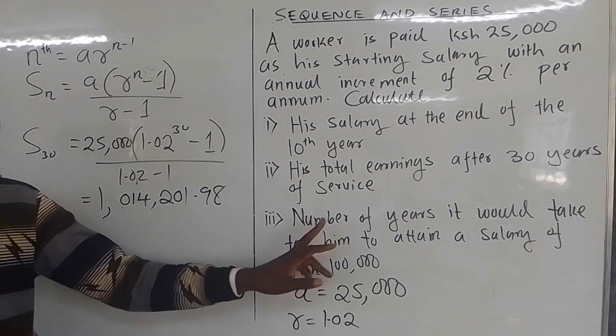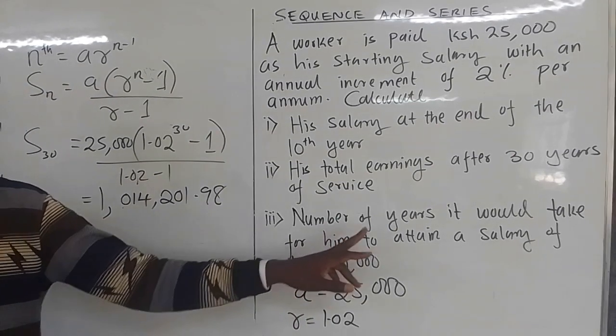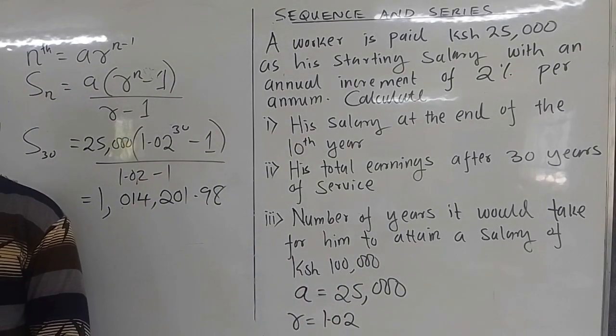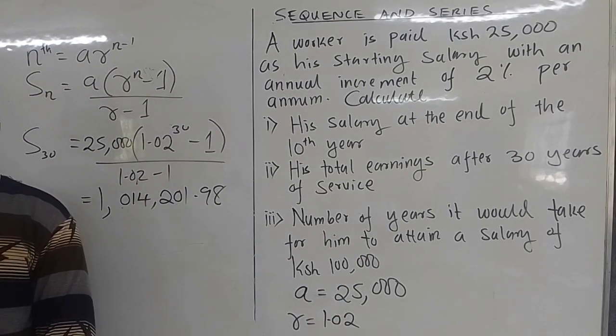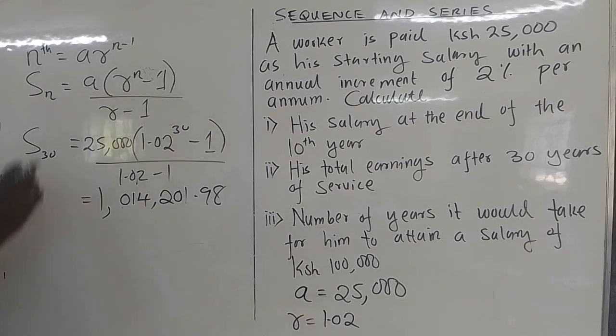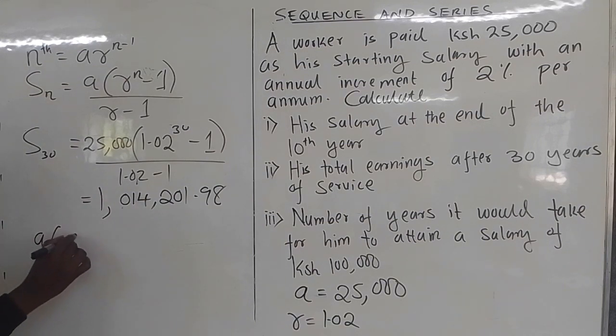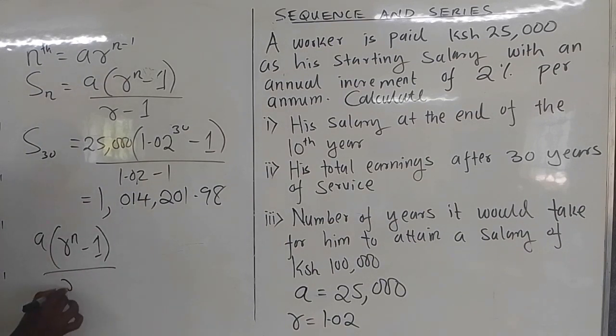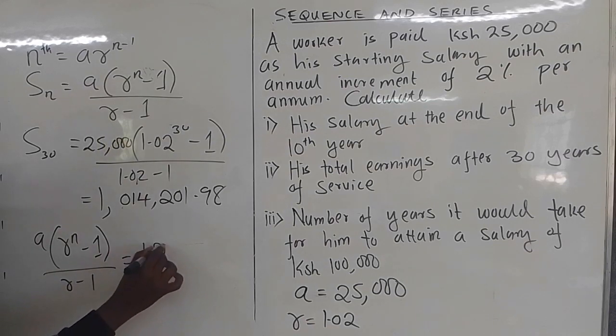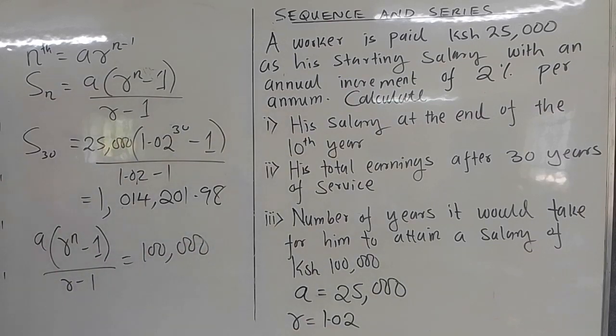Then the next one, the number of years it will take him to earn a salary of 100,000, isn't it? Meaning we are now looking for N, meaning sum of N terms to be equals to 100,000, isn't it? So that we have A into R^N minus 1 over R minus 1 to be equals to 100,000. What will be N?